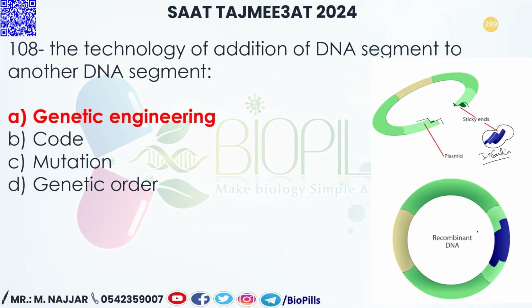When it has been inserted, the plasmid is referred to as recombinant DNA. Then we can insert it into a bacterium. When we insert this plasmid into the bacterium, it is now called transgenic. Why? Because it has DNA from another species. This is the means of genetic engineering.